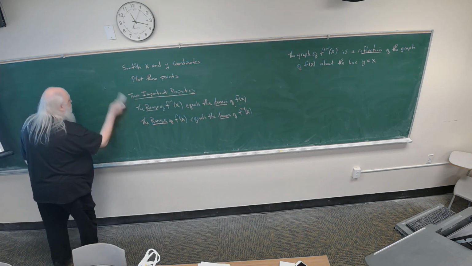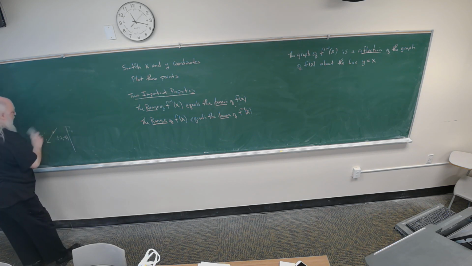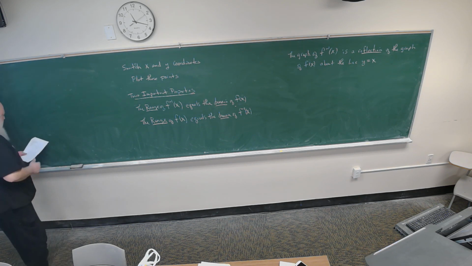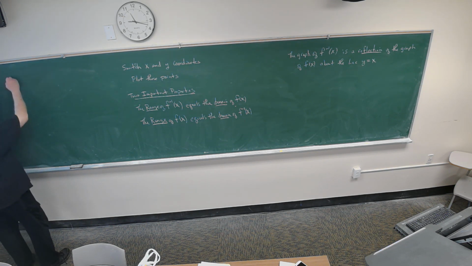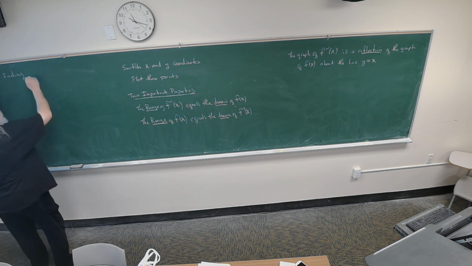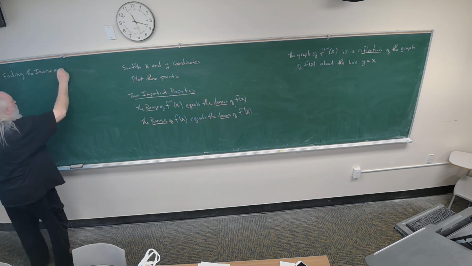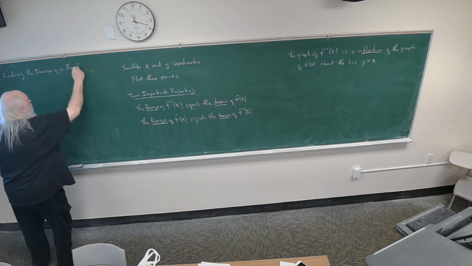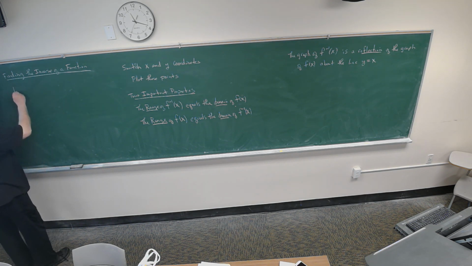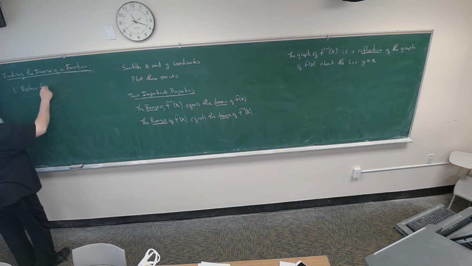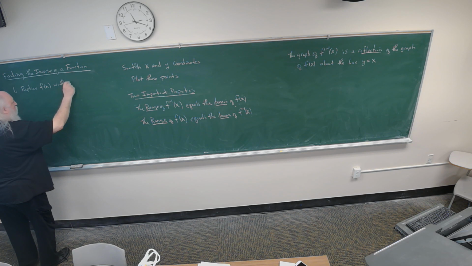All right, so there are 4 steps that you use every time in finding the inverse of a one-to-one function. Okay. Step number 1, replace f of x with y, right?